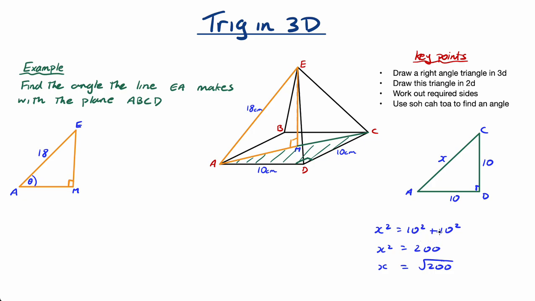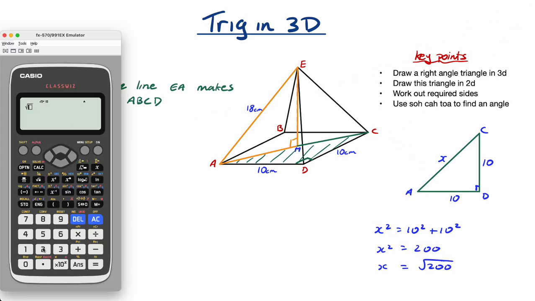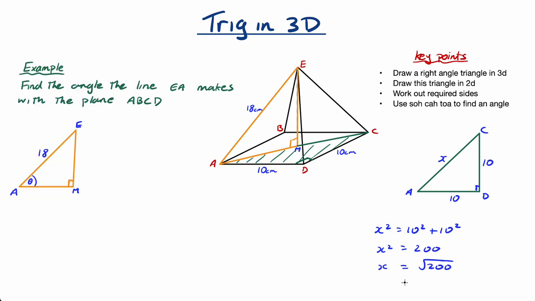I think, actually, guys, square root of 200 on my calculator is 10 root 2, because I'm going to half it to get the side AM. So the AC is 10 root 2, which means AM is 5 root 2, because this is half of this, because we're only going halfway.